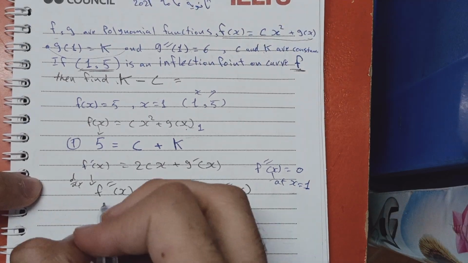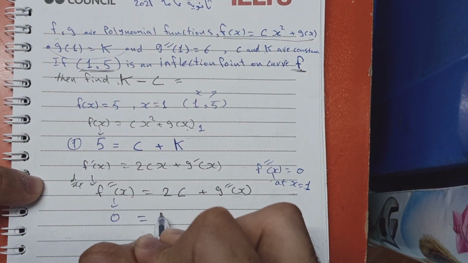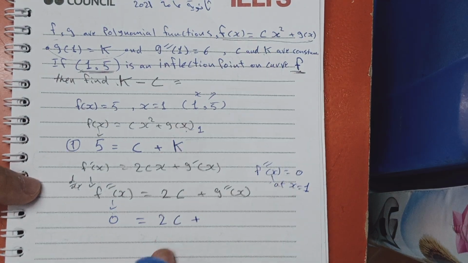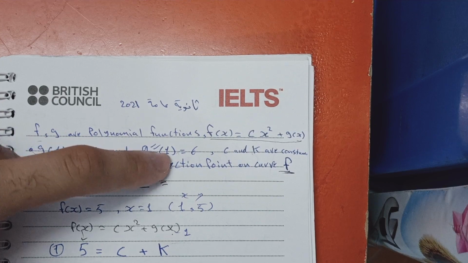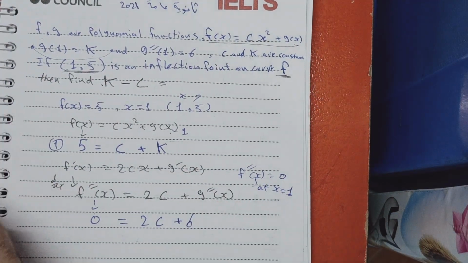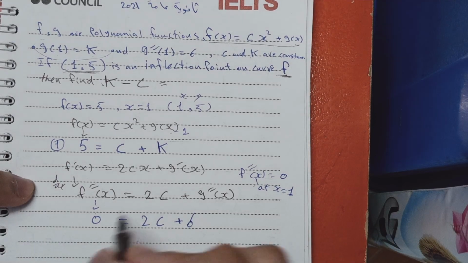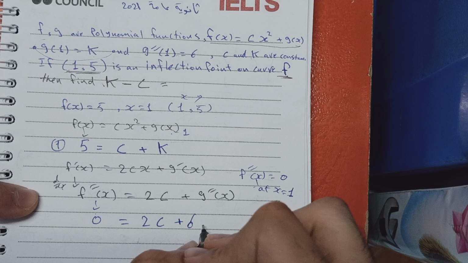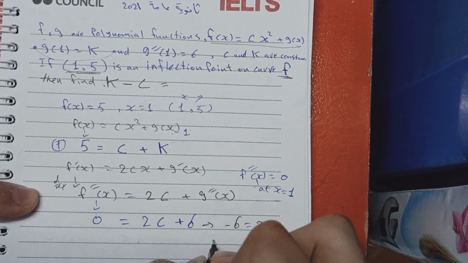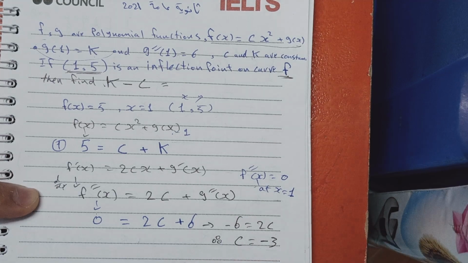So now we can substitute here with 0 equal to c plus the second derivative of g at x equal 1, which is 6, as he said previously. So we have here the second equation. We can simplify it. The 6 on the other side will be negative 6 equal to c. Therefore, c is equal to negative 6.